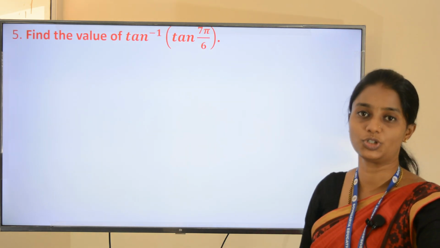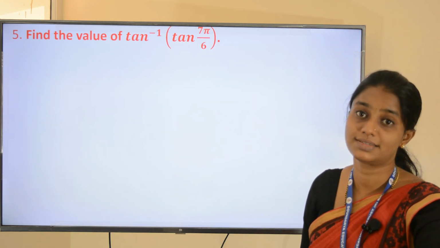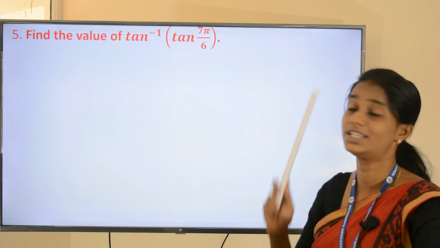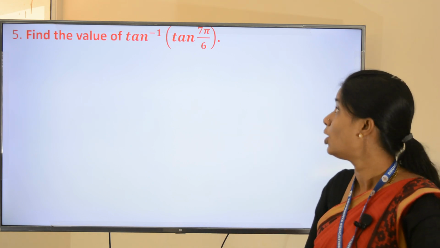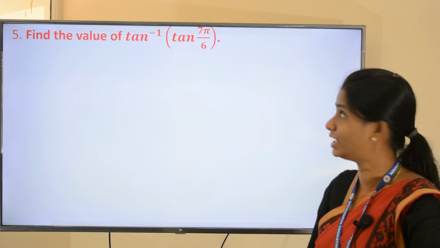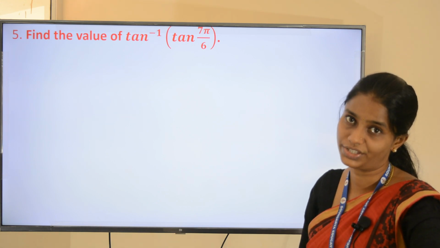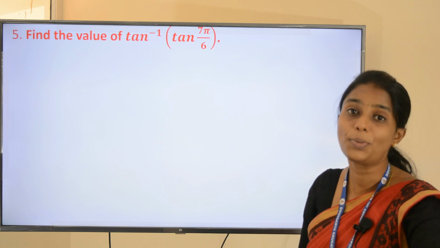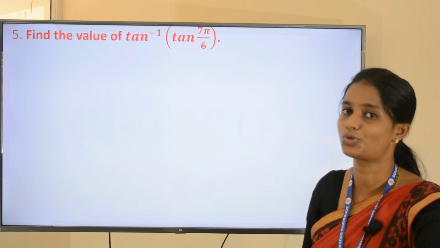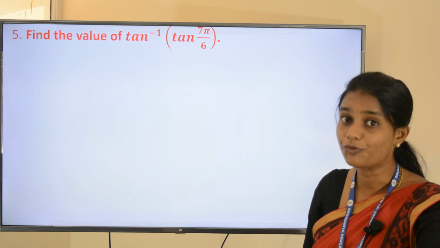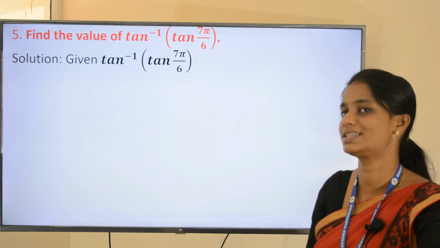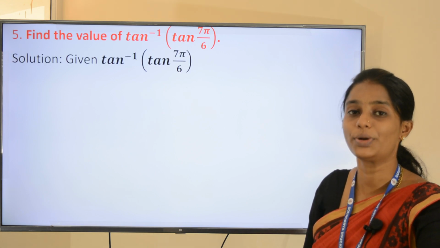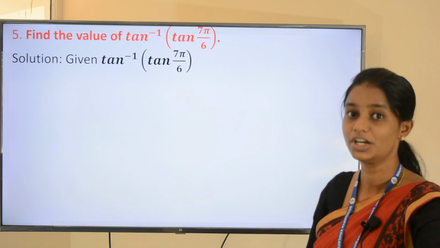Is it possible to write 7 pi by 6 as the answer for this particular question? No. Pi by 6 is 30 degrees, and 30 into 7 is 210 degrees. 210 degrees does not belong to the open interval minus pi by 2 comma pi by 2.